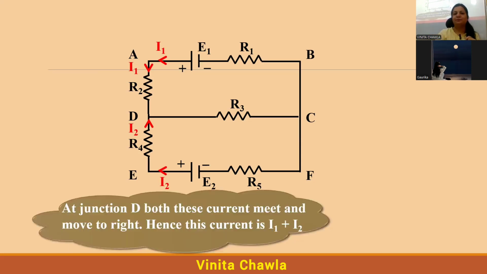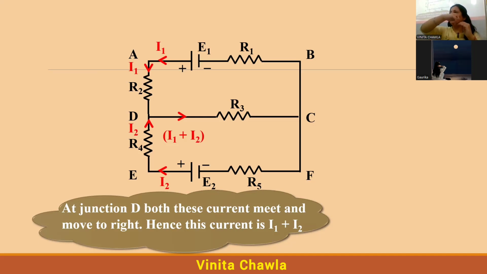So at junction D, both these currents meet and move to the right, and hence this current is I1 plus I2. Clear? From D to C, we have the value of current as I1 plus I2, because from the upper side we are getting I1 and from the lower side we are getting I2.